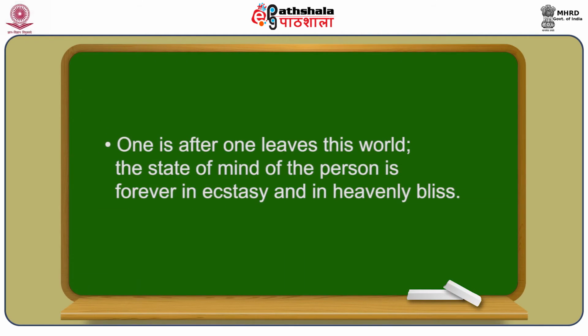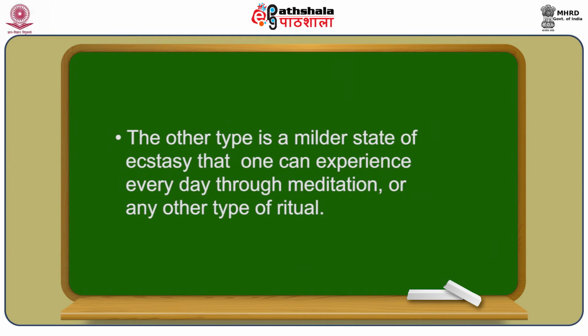type of ritual. On one hand, when we talk about two types of samadhi, we have the samadhi when the person leaves this world. The state of mind of the person is forever in ecstasy and in heavenly bliss. And the other type is a milder state of ecstasy that one can experience every day through meditation or any other type of ritual.